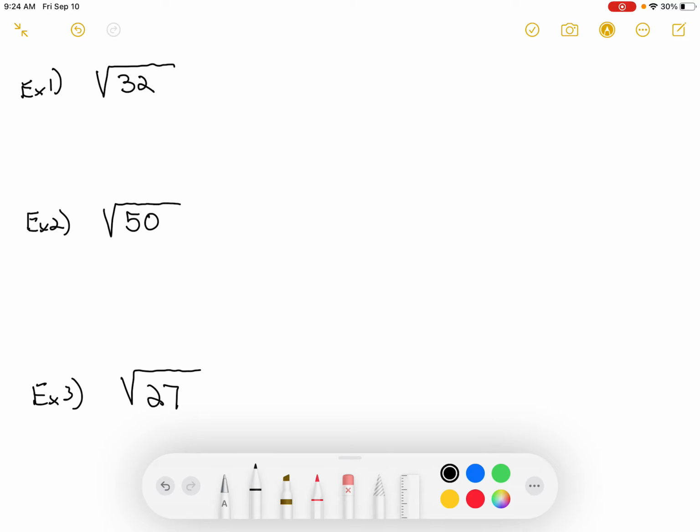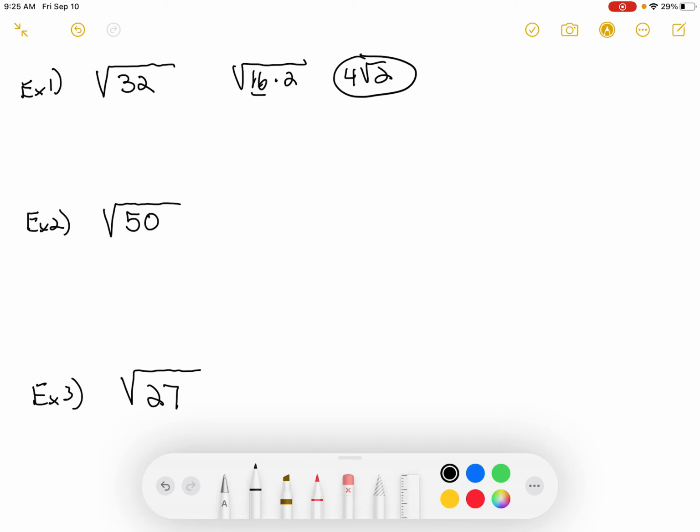The highest one is 16. That is 16 times 2. Now we're going to underline that perfect square, take the square root of it, and bring it out. So that will be 4 root 2.